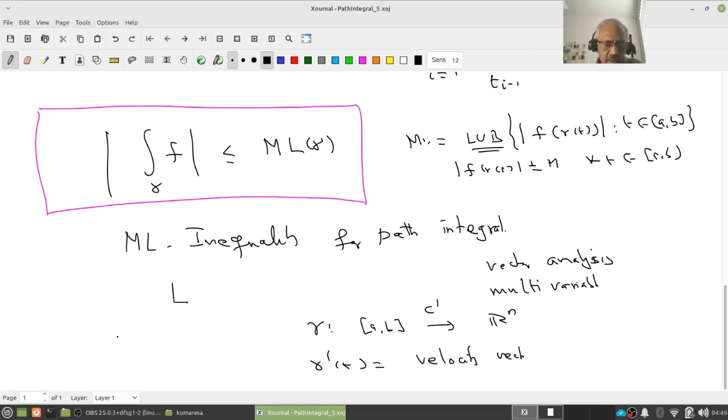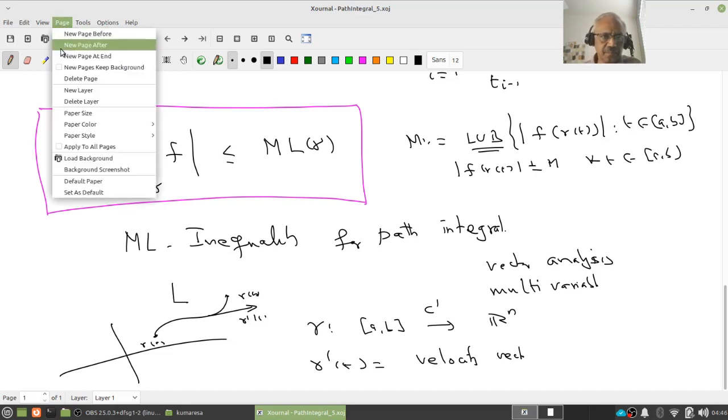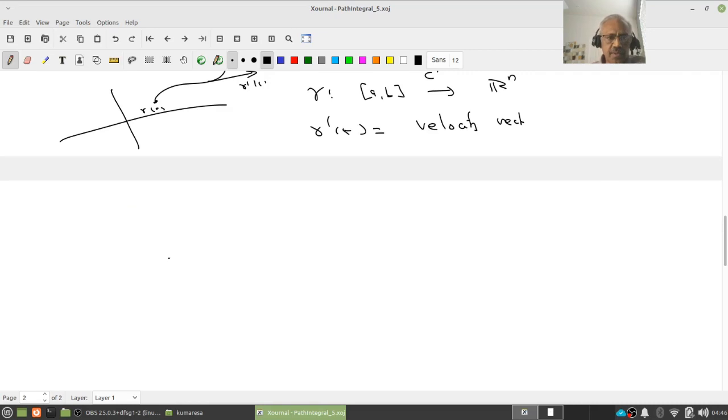So this is gamma, this is gamma A, this is gamma B, and this is gamma prime t, a tangent vector or velocity vector at that point. Therefore, the norm of gamma prime t is the speed, right?